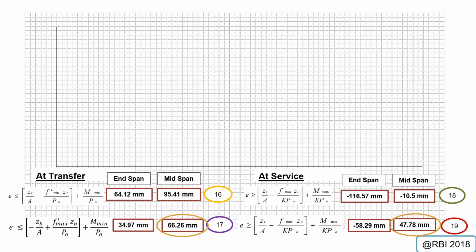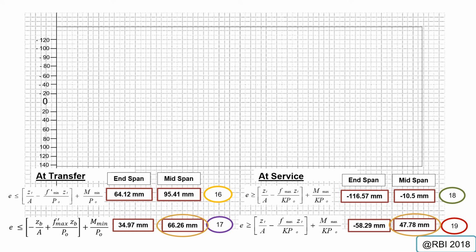The first thing that you must have is the beam line, the beam line cross section. Then you plot on the left side the range of the position of your eccentricity, taking into account that the 0 position from end to end length is the position of your neutral axis, or the central axis, of your beam section.